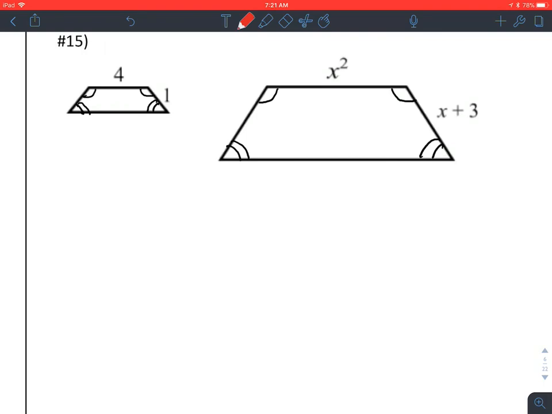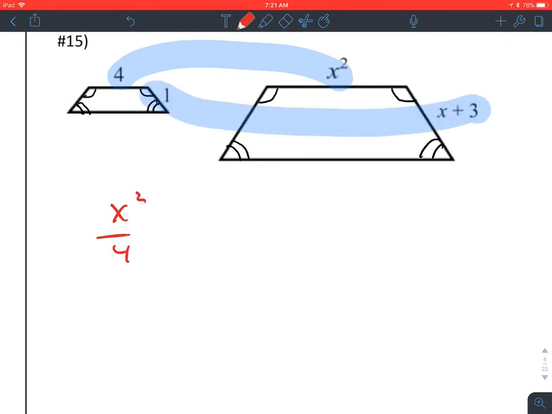2 more. Oh, this has got an exponent in it. Exciting. These pictures are already drawn so that corresponding angles are in the same positions. So x squared is to 4 as x plus 3 is to 1.